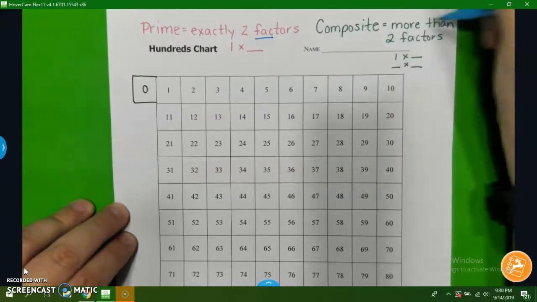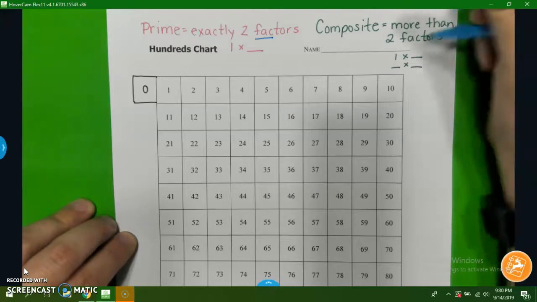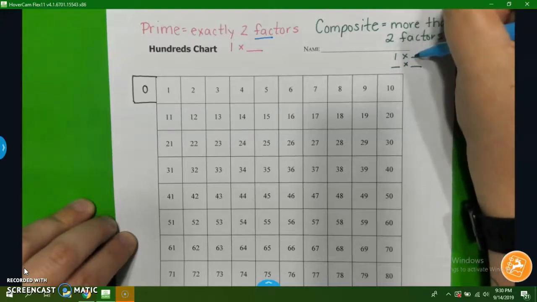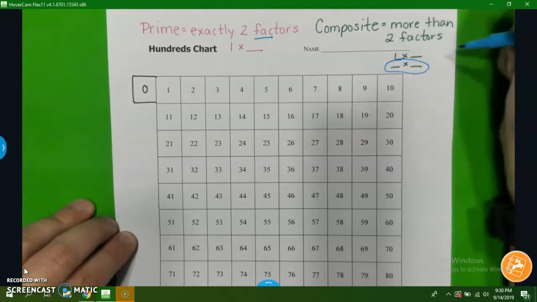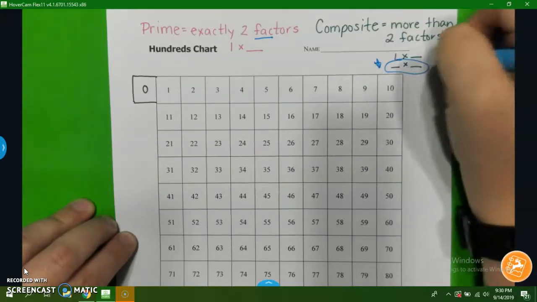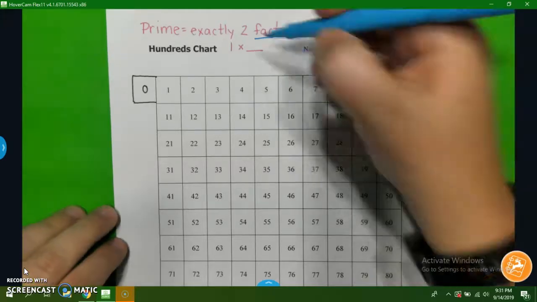Composite, long word, lots of factors. So that means it has more than 2 factors. It's going to be 1 times itself, obviously, but it's going to have at least one other way to make it. So if you can think of another fact for that number, then it is going to be a composite number.